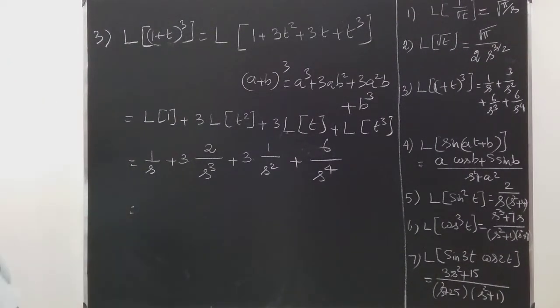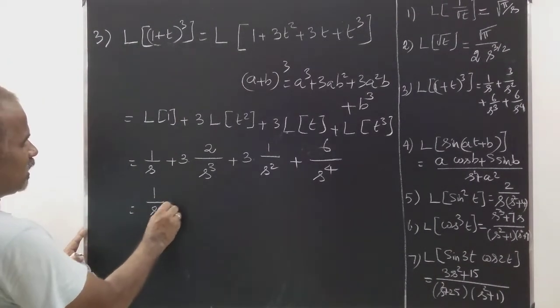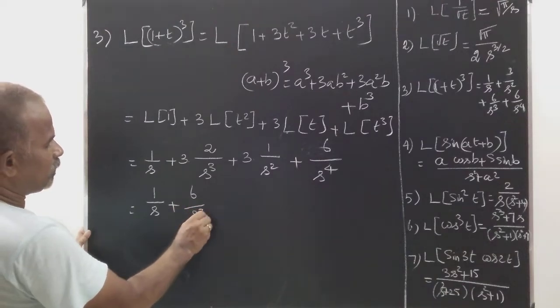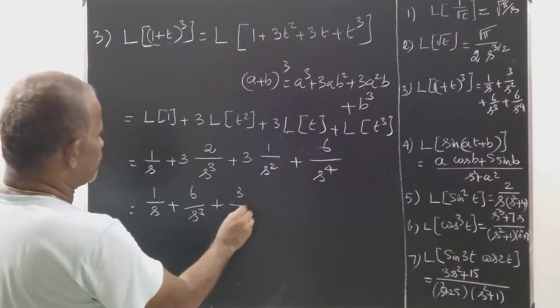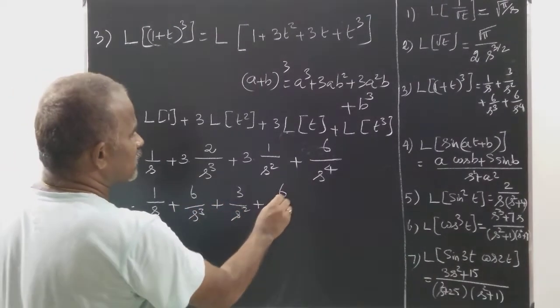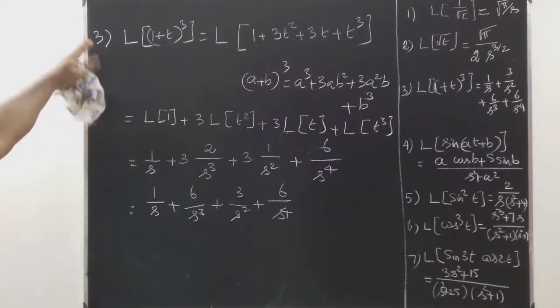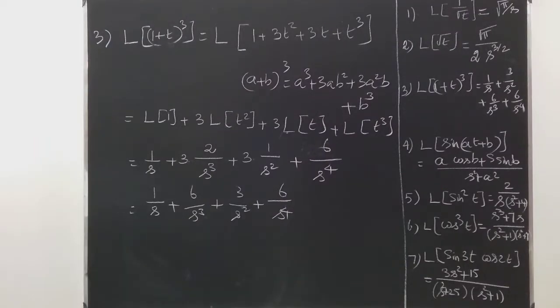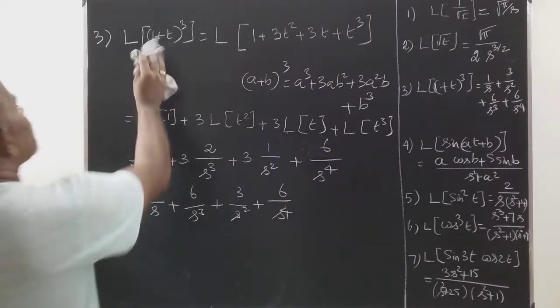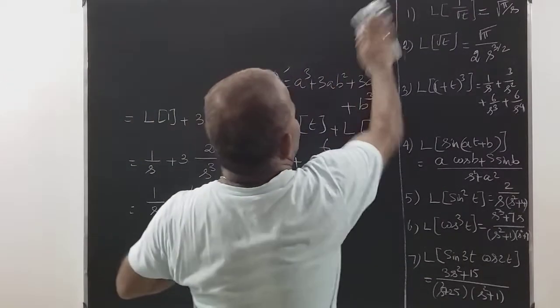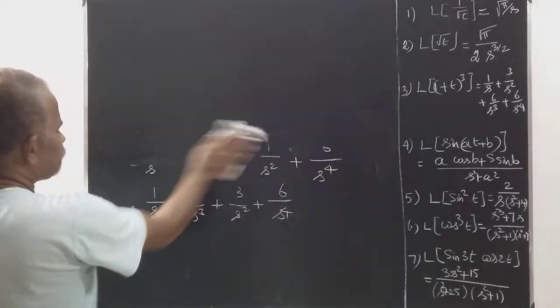So therefore this is equal to 1 by s plus 6 by s cube plus 3 by s square plus 6 by s power 4. So this is the Laplace transformation of 1 plus t the whole cube. Okay. The third problem is also over.